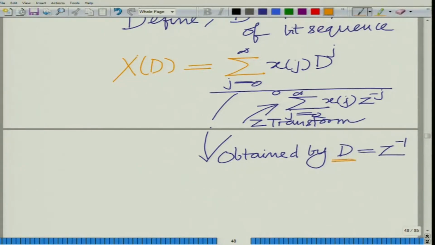Remember, z inverse simply represents a delay. So, D represents a delay element, right, correct. This quantity D simply represents a delay element.